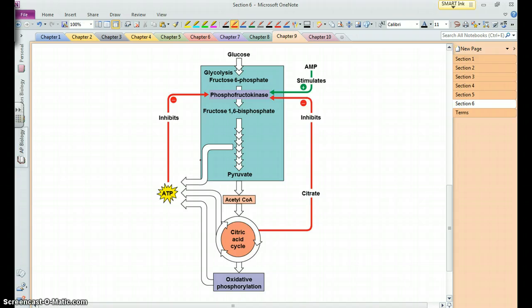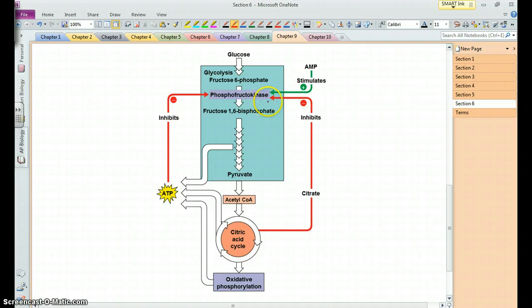Now, if your body is low on ATP, you have a fair amount of what's called AMP inside of you, and it serves as positive feedback. It stimulates the process. So in terms of cellular respiration, we have both negative and positive feedback going on to either speed up the process or slow it down. And again, don't think of this as all or none.